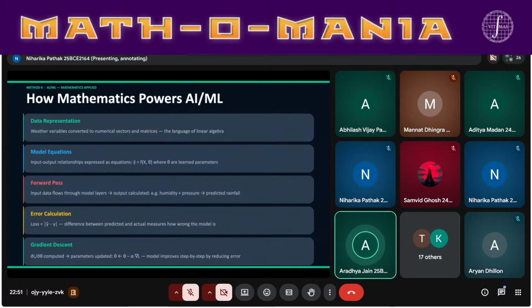So we create a function with the help of x, which is our input, and theta, which is the parameters which we got from the inputs, and then we create a function based on that, which gives us the output. This relates the input and output. Now, how does this help us? When we see that this particular parameter of input is given, it means that the previous function which we had created gives us that particular output, which is predicted rainfall.